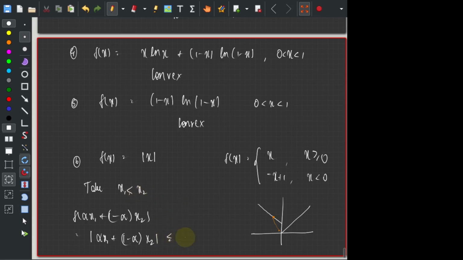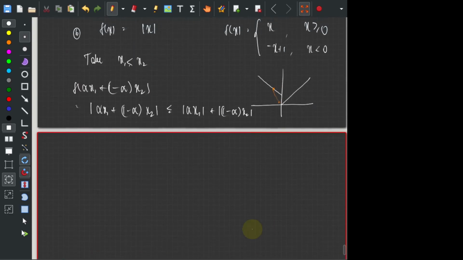This is less than or equal to mod alpha x1 plus mod 1 minus alpha x2, which is equal to alpha mod x1 plus 1 minus alpha mod x2, which is alpha f of x1 plus 1 minus alpha f of x2, right?